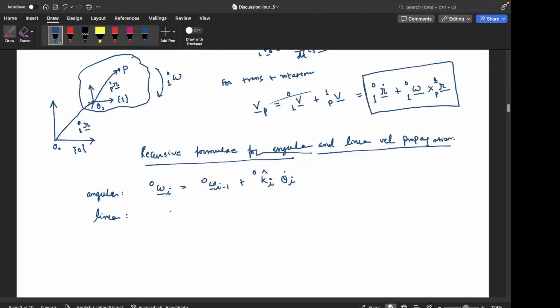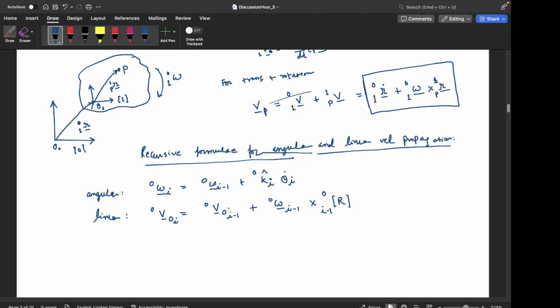And the linear part is basically that the velocity of the origin of the ith frame in the 0th frame, that is velocity of the origin of the I minus 1th frame, and then we have the angular velocity of the I minus 1th frame, and then cross with the, here we use a rotation matrix for change of frame from I minus 1 to 0.